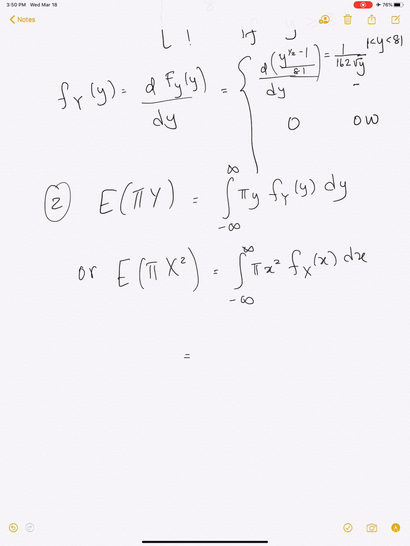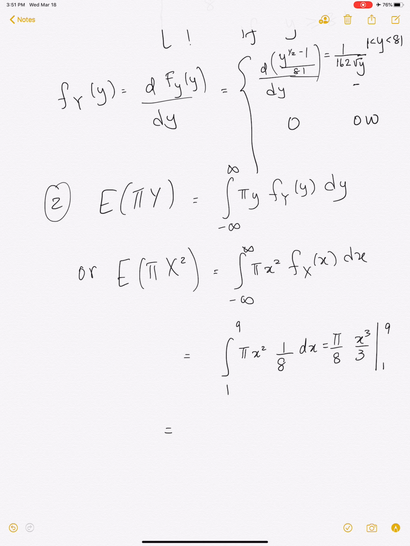Let's just do it this way. You have the integral from 1 to 9 of pi X squared times the density, 1 over 9 minus 1, 1 over 8, dx. So pi over 8 sits outside, X cubed over 3, going from 1 to 9.